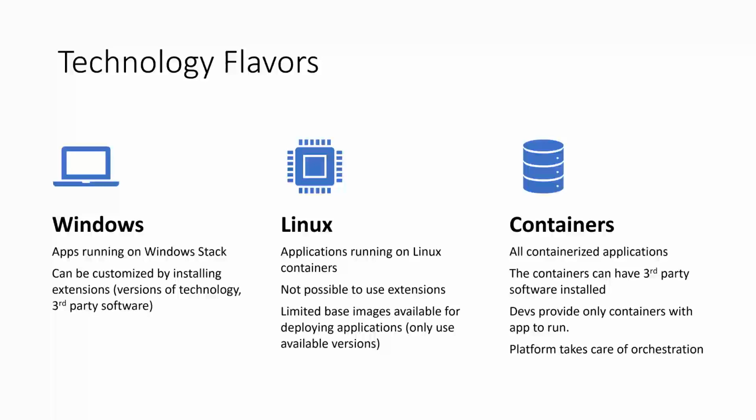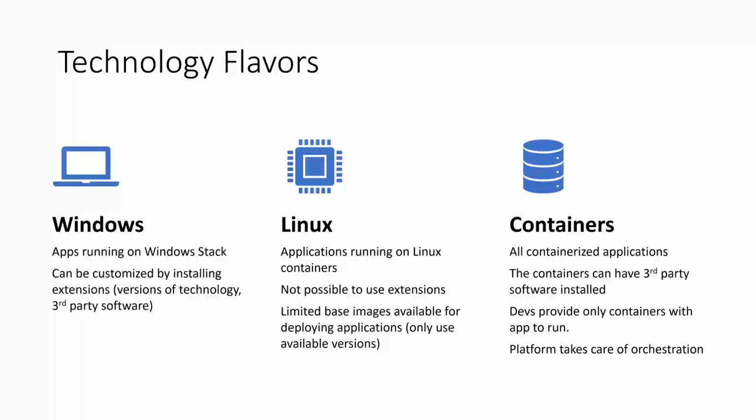The next option you have is to run in Linux. When you say Linux, web apps are actually run as a container on a Linux operating system. Since they run as containers, there is no option to install extensions on that container. And what Microsoft provides you is a limited set of base images.